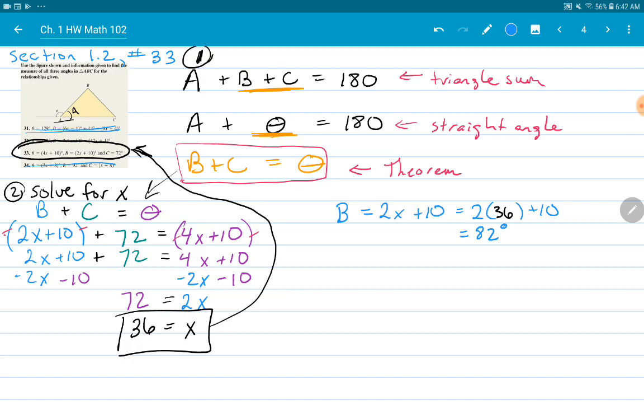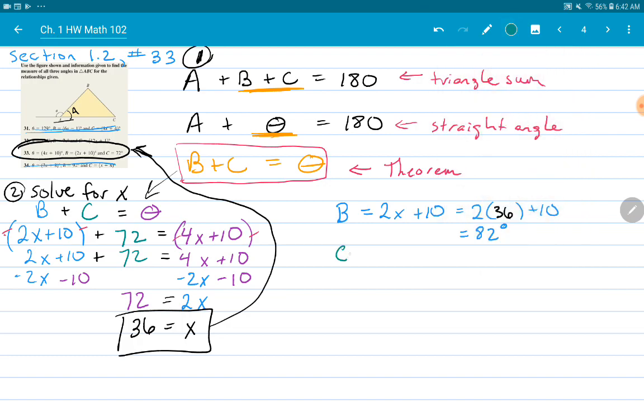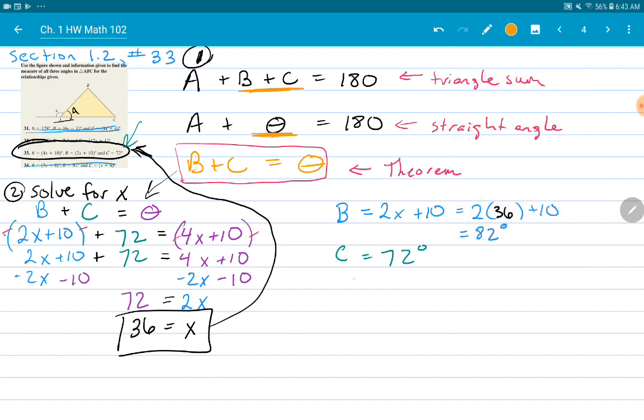And I'll remember that's degrees. And then for C, we're given C equals 72, so that was an easy one, 72 degrees. Don't have to do any calculating for that one. And then I can find A, which I guess I don't have a color for A. I guess orange for A.